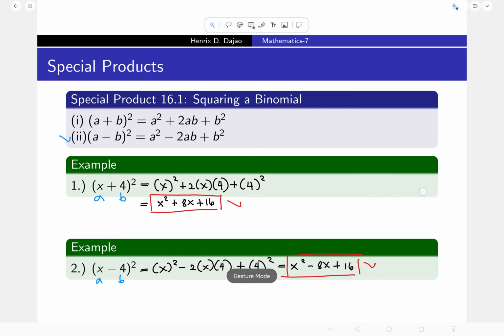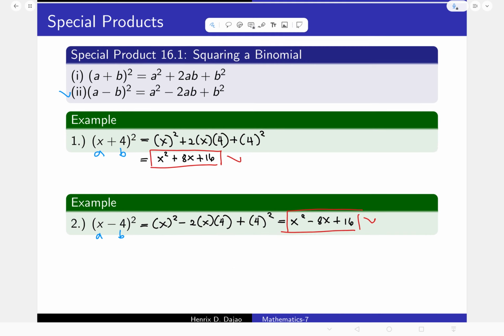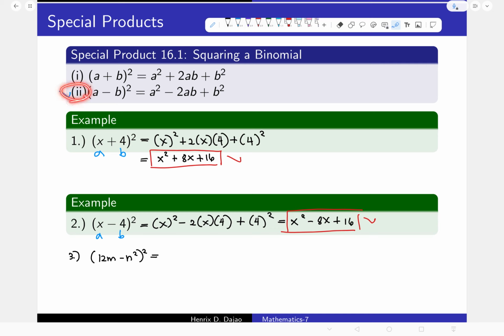Okay, let's try another example. Note that we can apply 2i, because we can take this as a and we can take this as b.